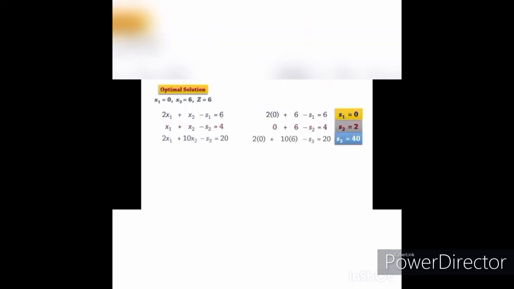Now for standard form, since these are greater-than constraints, we introduce surplus variables for the 3 constraints by subtracting S1, S2, and S3 from the left side and changing the inequalities to equalities. Substituting the optimal solution, we have surplus values S1 is equal to 0, S2 is equal to 2, and S3 is equal to 40.